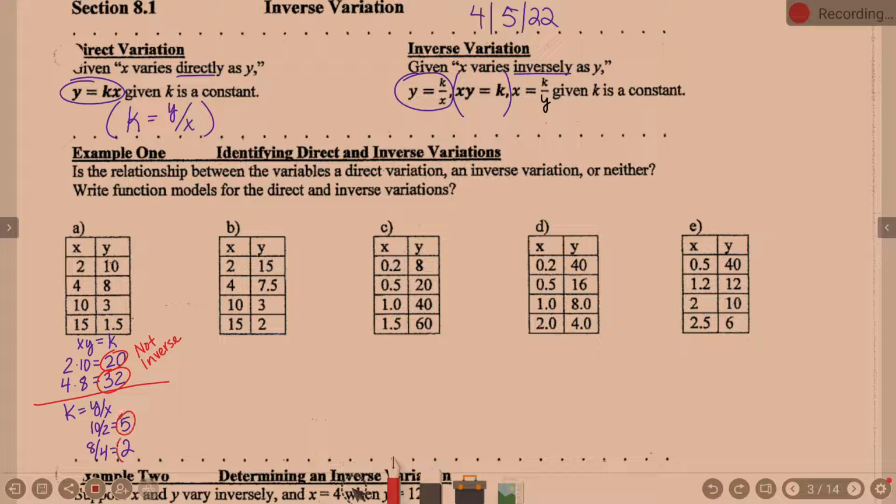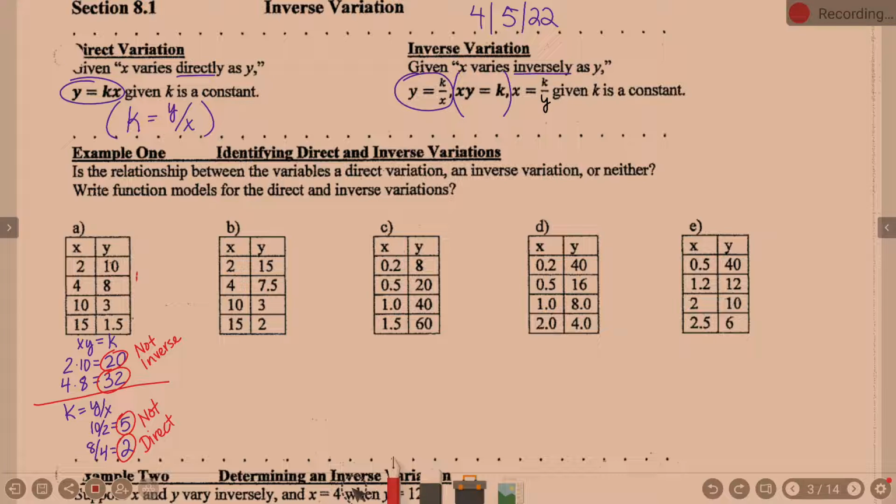I got two different k values when I was checking to see if it's direct. So it was not inverse variation. It is not direct variation. So what's that mean? This is an example of neither. It doesn't fit the direct variation mold.